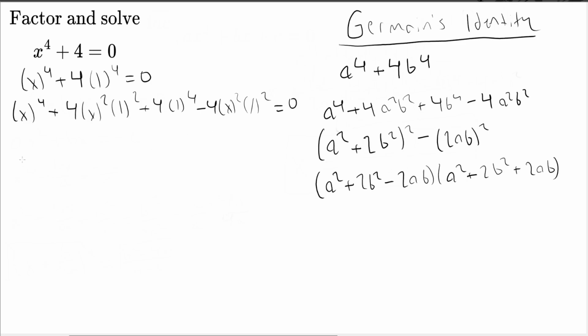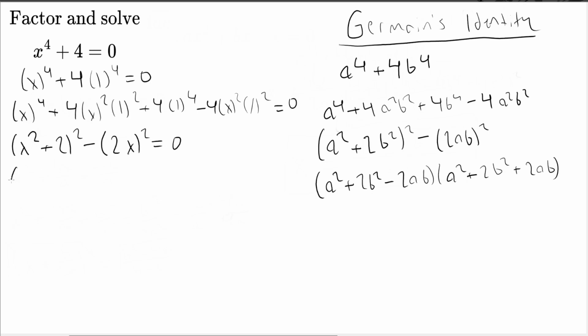So now going through the same process, we have x squared plus 2b squared, which is going to end up just being 2 squared, minus 2 times just x, since the 1 is just going to get canceled, squared equals 0.